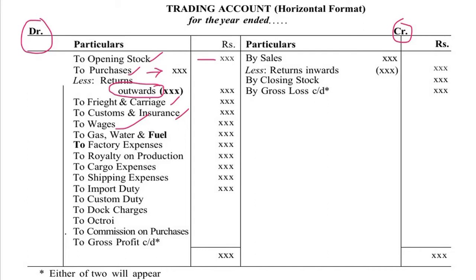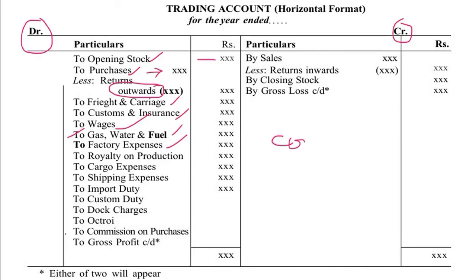Then gas, water and fuel. Without guessing anything, we can easily say that it is on the trading side. That means in the trading account it is on the debit side, because everything we need to buy. Then factory expenses. Mostly, guys, the trading account is related to a manufacturing company.